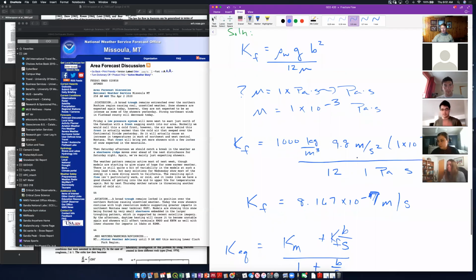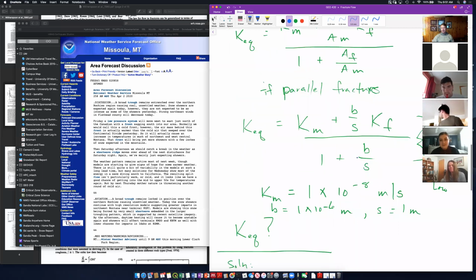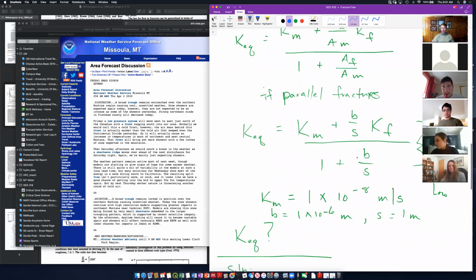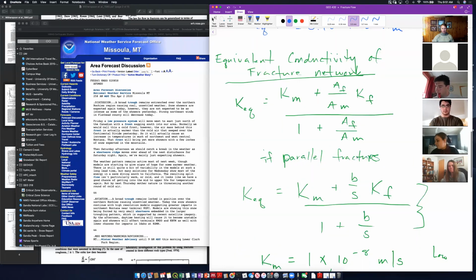Interesting. All right, I'm going to say I think that something is off. I've got to figure out what it is. It might be my equation that I gave you, because the K equivalent should not be equal to the matrix permeability. So I'll come back and revisit this on Tuesday.